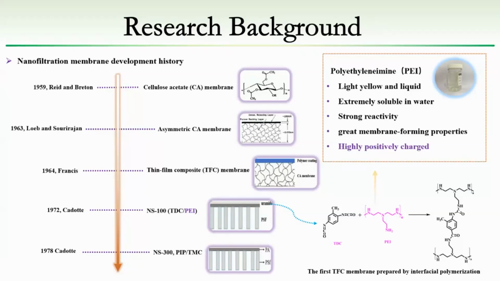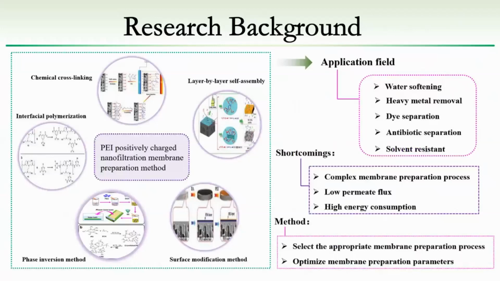This polymer has many advantages in membrane preparation, including being extremely soluble in water, strong reactivity, great membrane forming properties, and being highly positively charged. So it was an ideal raw material for the preparation of positively charged nanofiltration membranes.